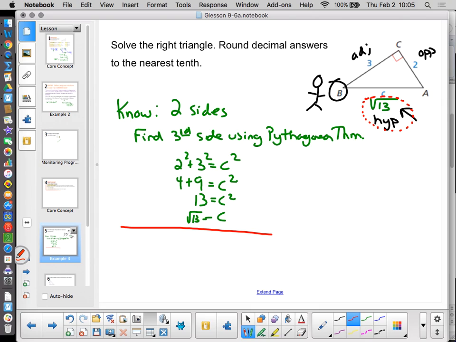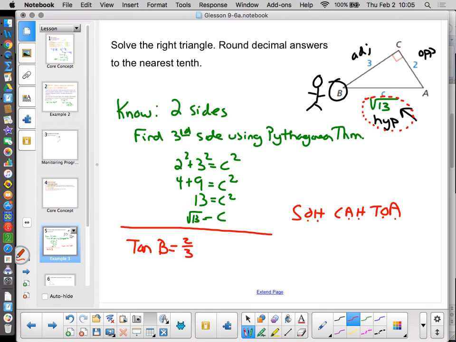Now, since I know opposite and adjacent, so SOH CAH TOA: sine is opposite hypotenuse, cosine's adjacent hypotenuse. Opposite adjacent is tangent, so tangent is the function I'm going to use. So the tangent of the angle B is 2/3.